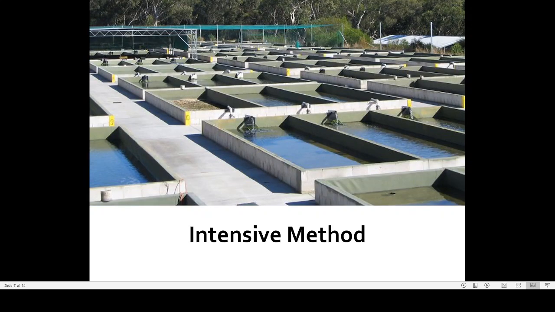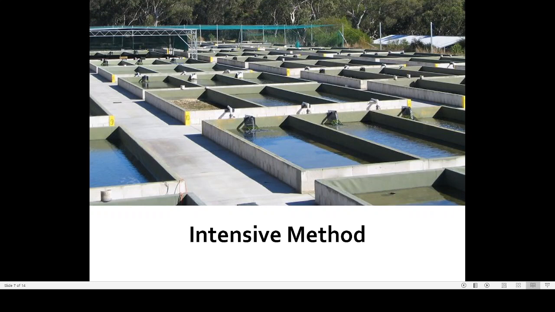Now we have another type, the intensive method. Here you can see that we have invested some money, because in order to build tanks, they are all made of concrete. There are a lot of tanks, and all are made of concrete.